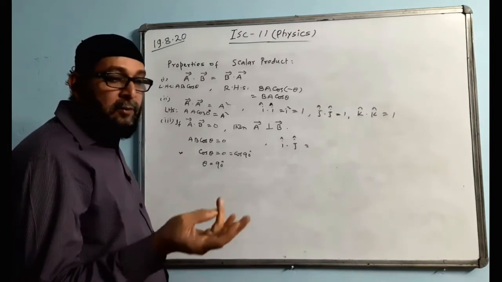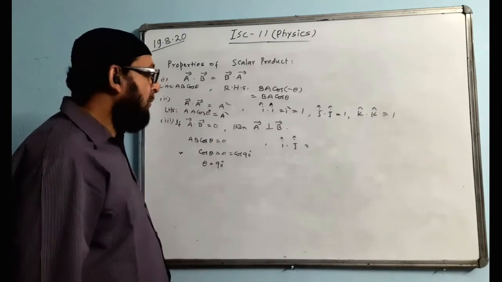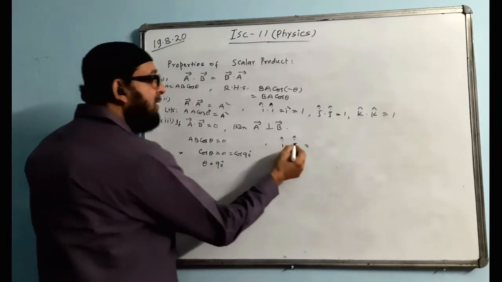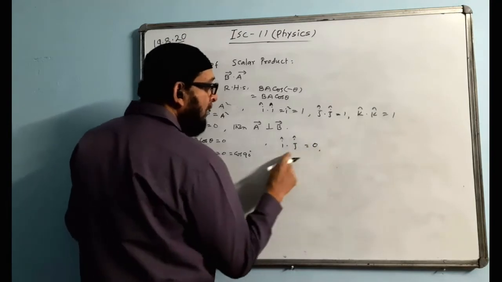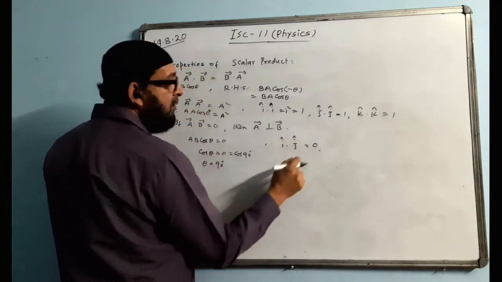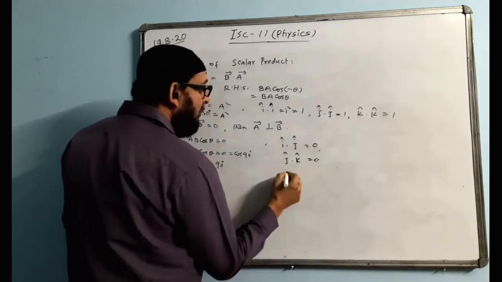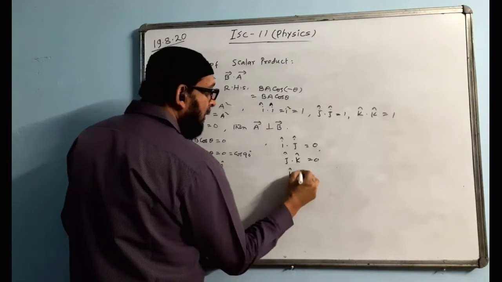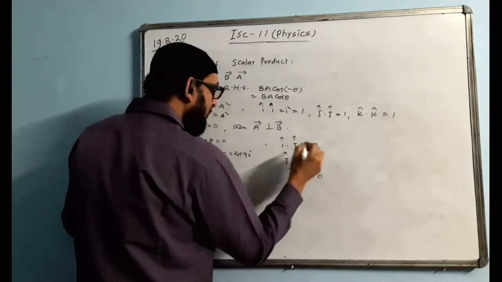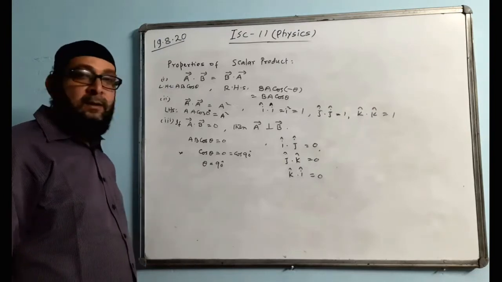So I dot J answer will come 0 because the angle between them is 90 degree and cos 90 degree is 0, which makes the entire thing 0. Similarly, J dot K answer is 0. K dot I again answer will be 0 because they are orthogonal vectors. Angle between them is 90 degree.